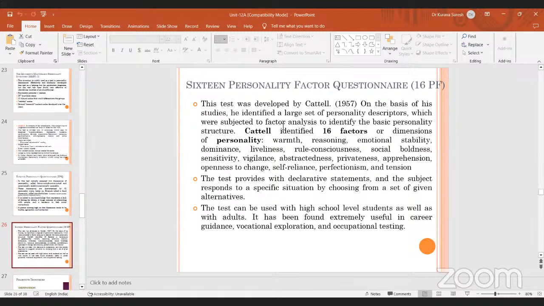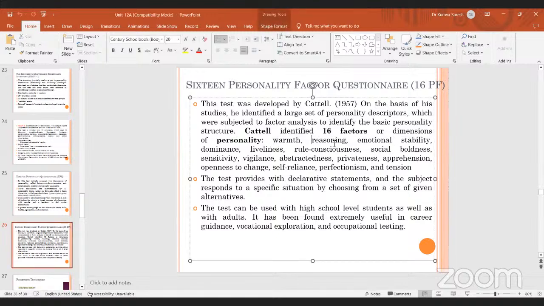Cattell identified 16 personality dimensions: reasoning, emotional stability, liveliness, rule-consciousness, social boldness, sensitivity, vigilance, abstractedness, apprehension, openness to change, self-reliance, and tension. These are the 16.